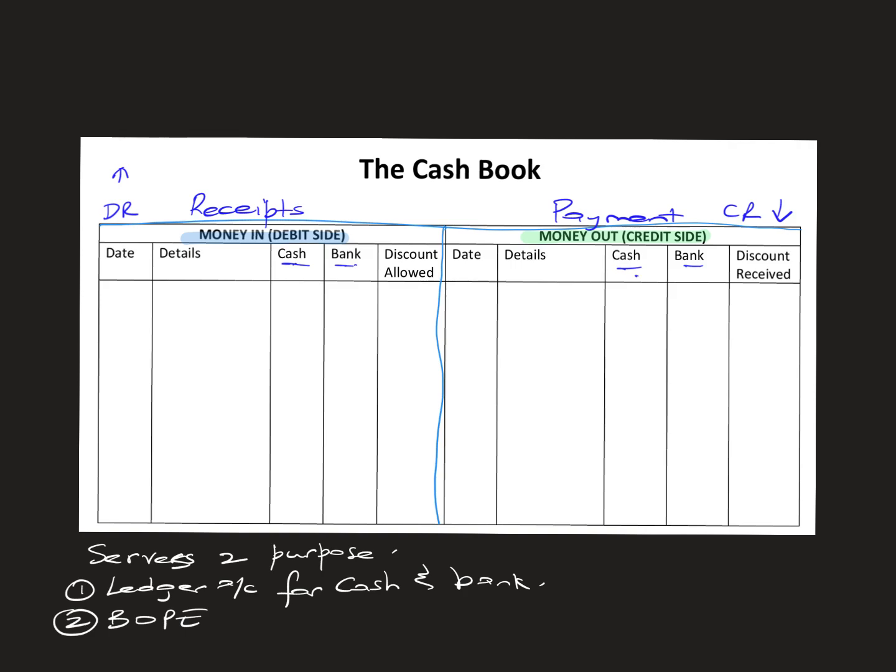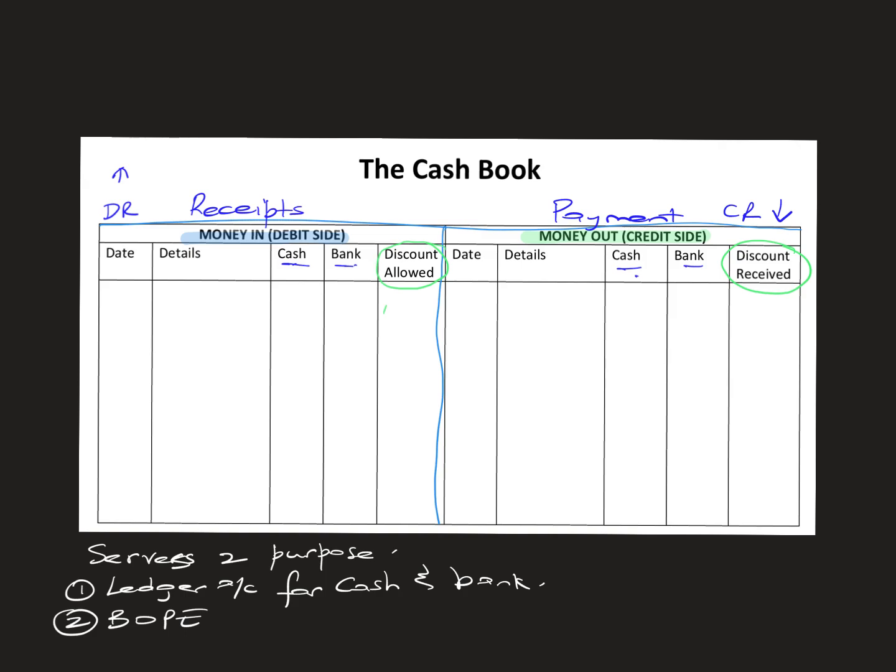So it's in a columnar form with cash and bank on both debit and credit side. On each side, there's also an additional column. So on the debit side, you'll see a discount allowed column, and on the credit side, you'll see a discount received column.